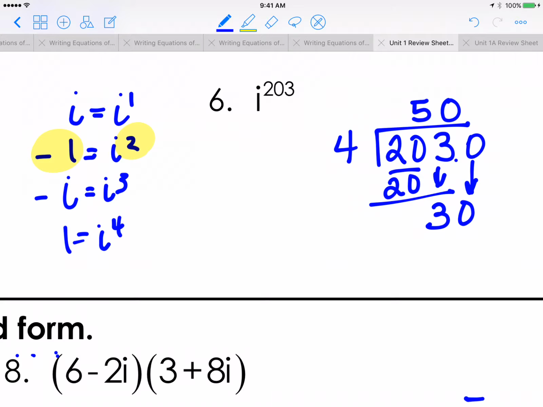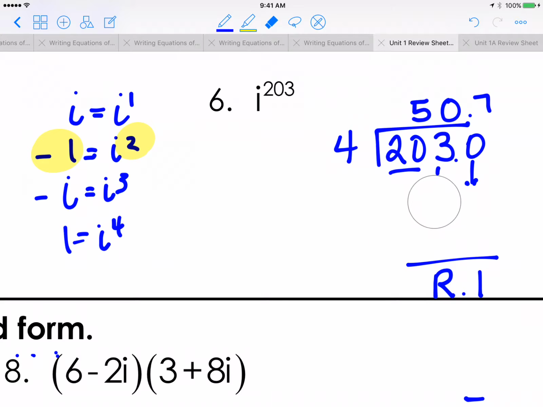Let's see, 8 would be 32, so that would have to be 7, and 7 would be 28. Let me do this. We could do this in our calculator, which would probably be easier. Okay, somehow I messed up along the way.